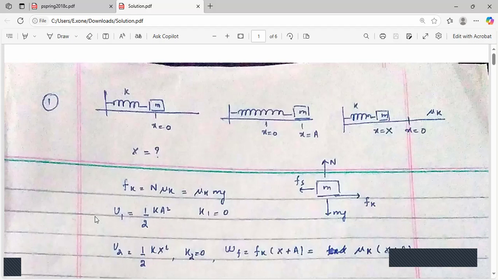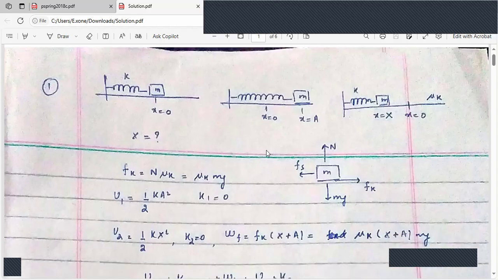The potential energy at x equal to a, the initial position, should be 1 over 2 k a square, and the kinetic energy at that point should be zero because the block is at rest at that position.